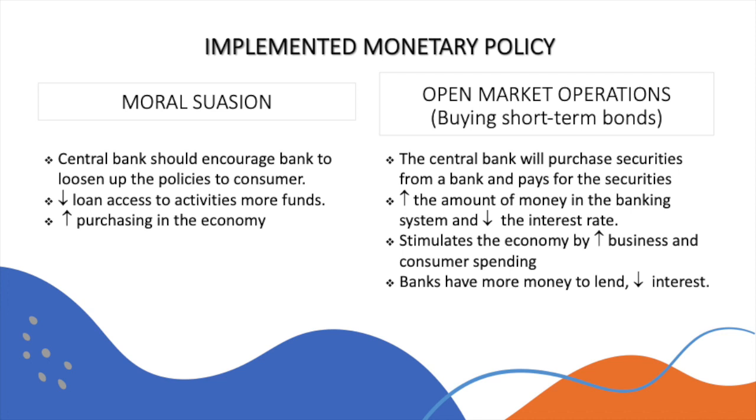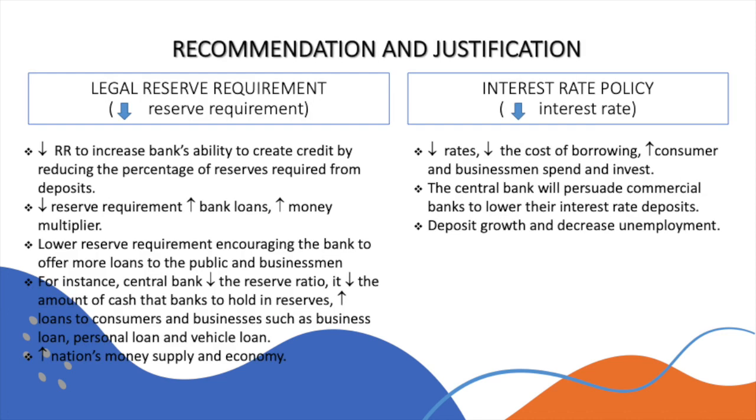The third solution is decreased reserve requirements. Since the issue is M3's growth is slower due to low external reserve, the central bank lowers the RR to increase banks' ability to create credit by reducing the percentage of reserve required from deposits.